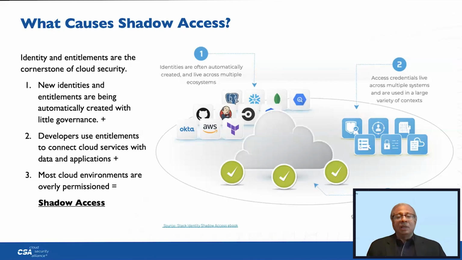And why is that? Because identity and entitlements are the cornerstone of modern cloud security. So developers use these cloud services, they combine these entitlements, and in the process, they create overly permissioned environments. Now, generally, developers think of security as a friction point, and developers are motivated by pushing new builds in an automated fashion. So their focus is less on permissions and more on speed and agility. And therefore, most cloud environments are generally over permissioned, resulting in lots of shadow access.